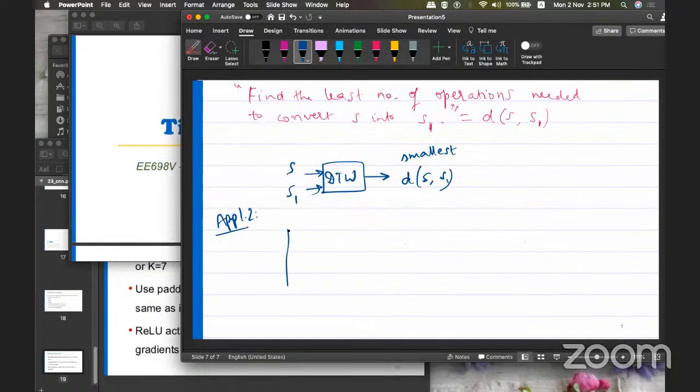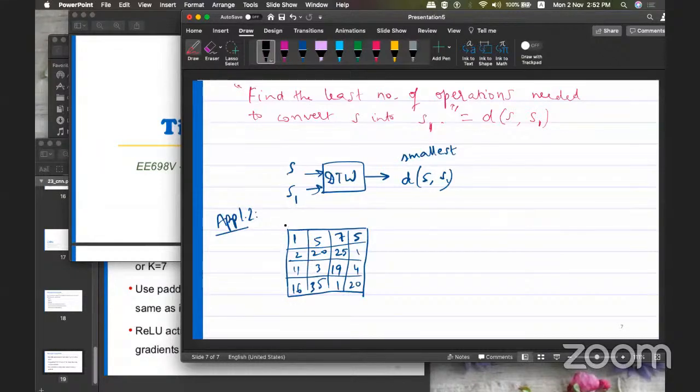The second application could be, let us say, if you have a field, it's a matrix. Let us say you are standing here.